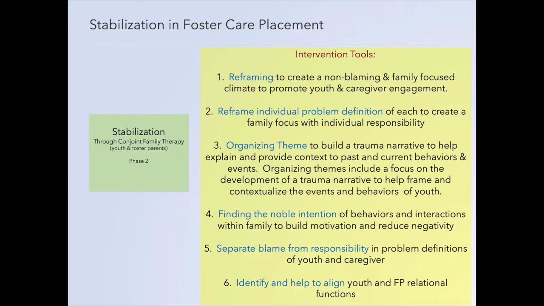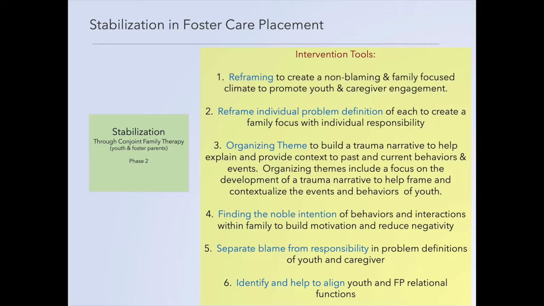One of the important skills in that for both the youth, the foster parent, and for you is to find the noble intention of behaviors and the interactions within the family that will help bring about motivation and reduce negativity. And that usually comes from everybody's behavior being seen as not necessarily good, but as something noble in its intention.